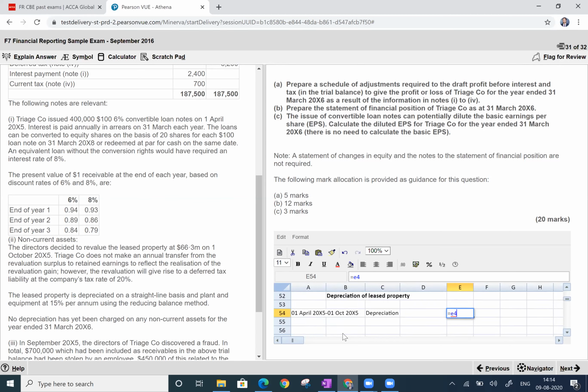Everyone please listen. I'm just typing E43. Now it's showing 1,500 negative. I need it to be positive, so I use minus. Now, remember, your year end is not 1st October. So from 1st October 20x5 to 31st March, you also have to calculate the depreciation.